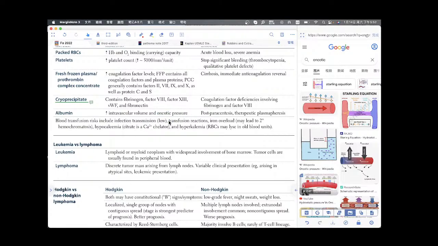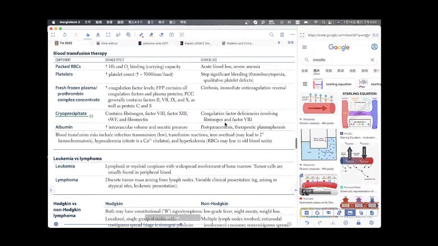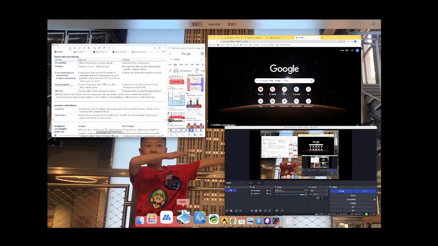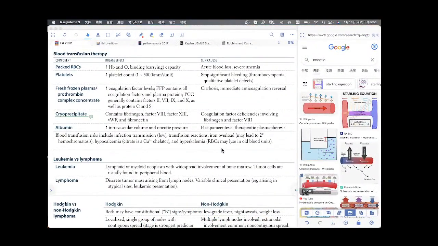Transfusion transmission, transfusion reaction, and iron overload with hemochromatosis. Hypocalcemia, citrate is okay. And the hypocalcemia, obviously, is in all blood units. So first, what should we do?